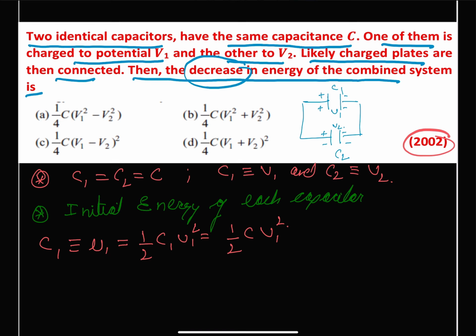Similarly, for our C2, let us call that U2, which will be equal to half C2 V2 square, coming as half C V2 square.